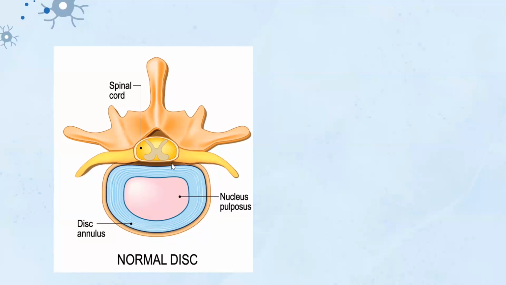We said that this is the spinal cord. It has the ventral horn, ventral root, and the dorsal root forming the spinal nerve. However, if the nucleus pulposus compresses the spinal nerve, it would cause a clinical condition called intervertebral disc herniation.